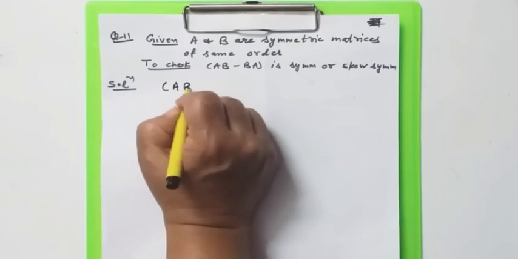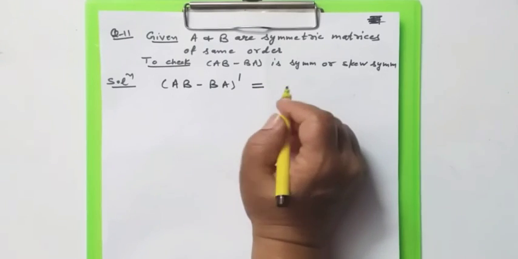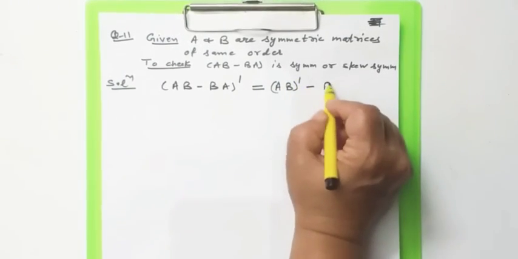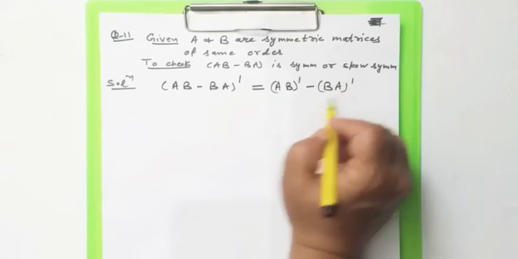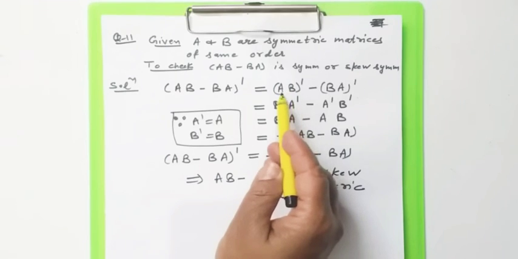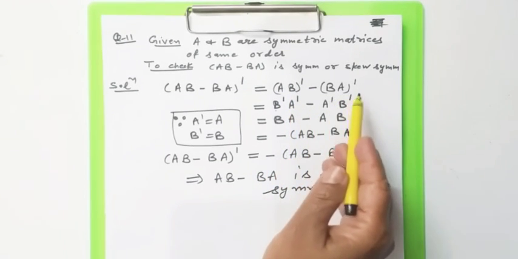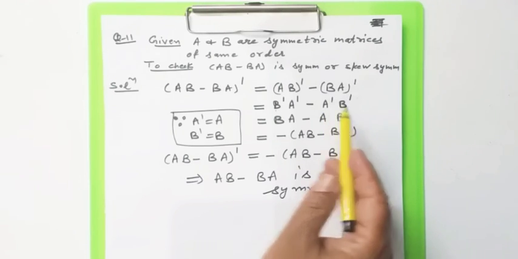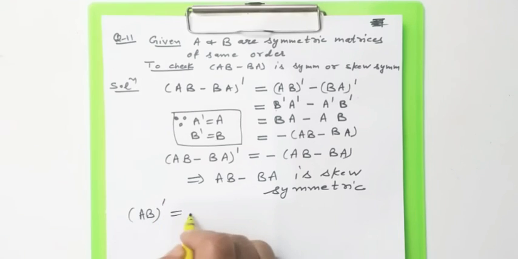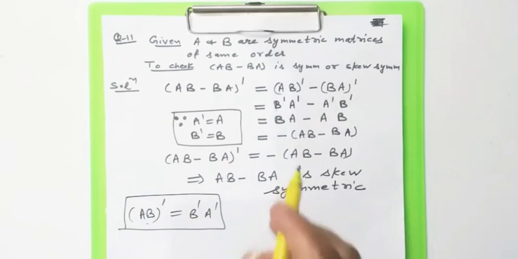We take AB minus BA transpose, and this is equal to AB transpose minus BA transpose, which AB whole transpose is equal to B transpose A transpose, and BA whole transpose is A transpose B transpose, by using this property of transpose of a matrix, that AB transpose is B transpose A transpose. We have used this property.